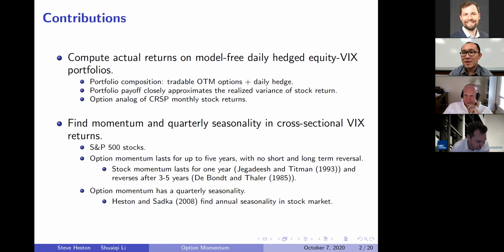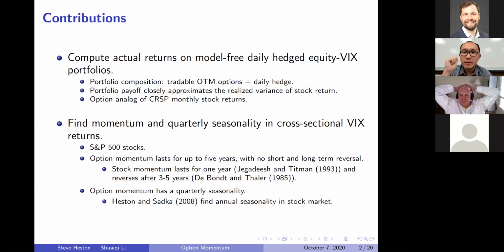In this paper, there is also a quarterly seasonality. So there could potentially be an anomaly, but I don't think we call it anomaly explicitly in the paper, because we didn't do too much checking on that. We are just trying to document. Yeah, you're careful about that.